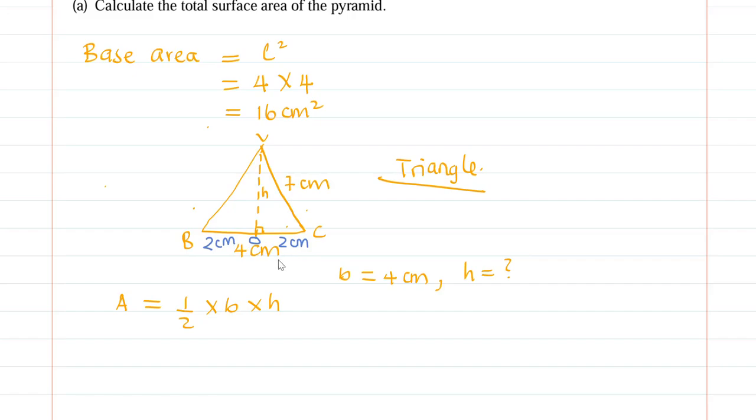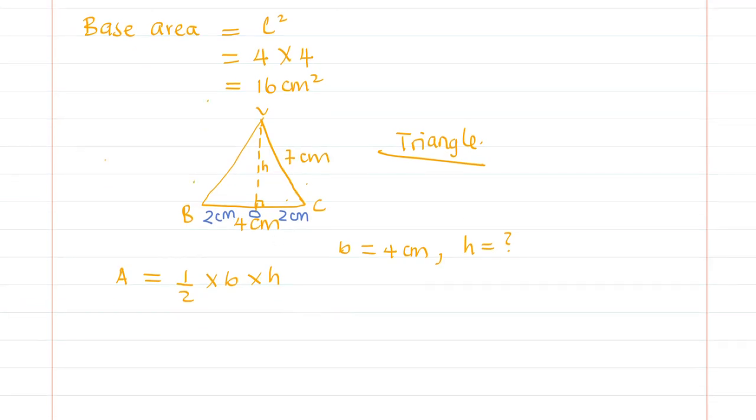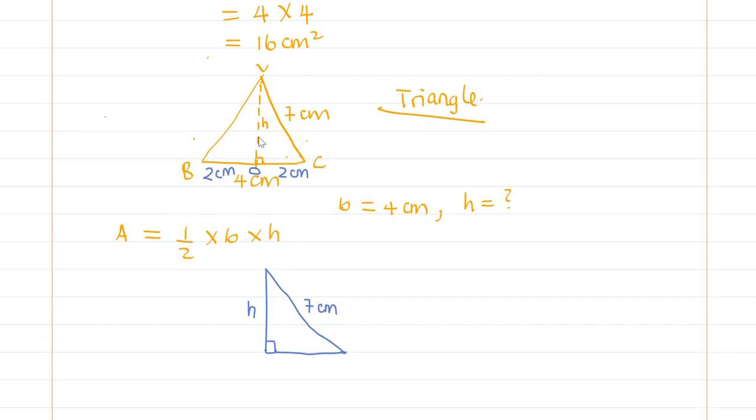So for us to find the height, we use Pythagoras theorem, and we shall extract half of that triangle. Yes, half of this triangle, where this is our height, this was our side 7 centimeters, but now half of 4 centimeters gives us 2 centimeters. So this side is 2 centimeters.